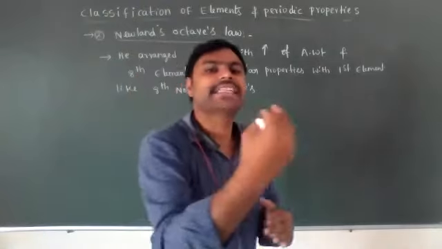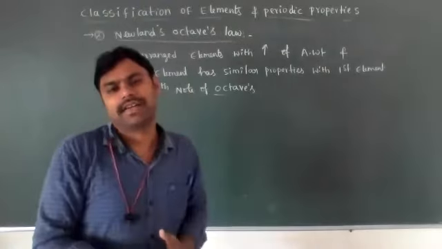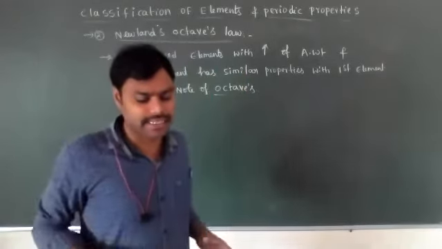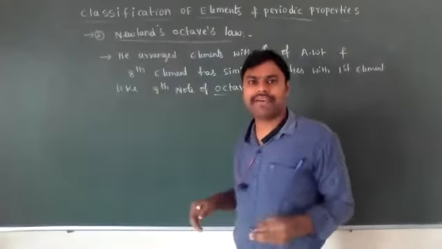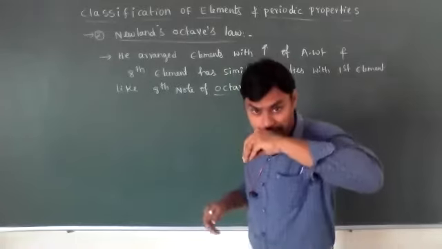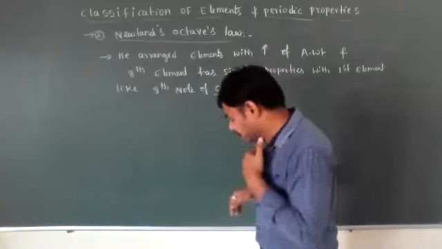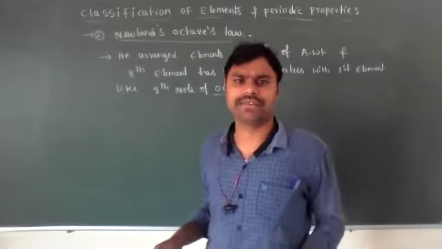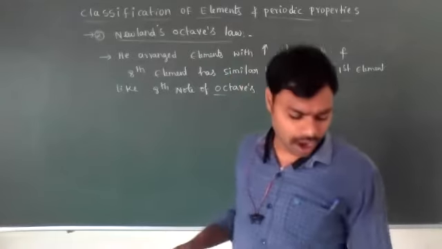It is the 8th note of the musical scale. So he arranged the elements in increasing order of their atomic weights, and the 8th element has similar properties to the first element, like the 8th note of the octave rule.